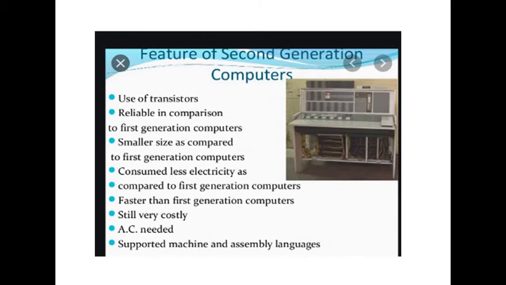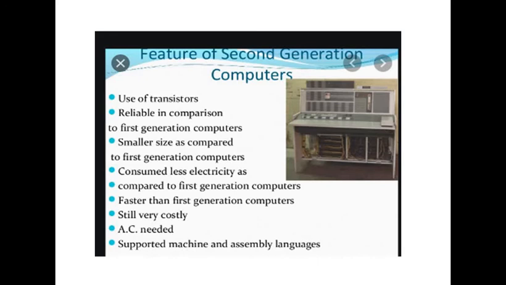These computers were quite reliable as compared to the first generation. And as their size was very small as compared to the first generation, the consumption of electricity also reduced. These were faster than the previous generation. Still the cost was very high.